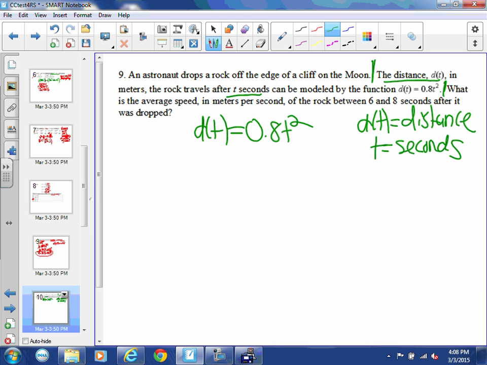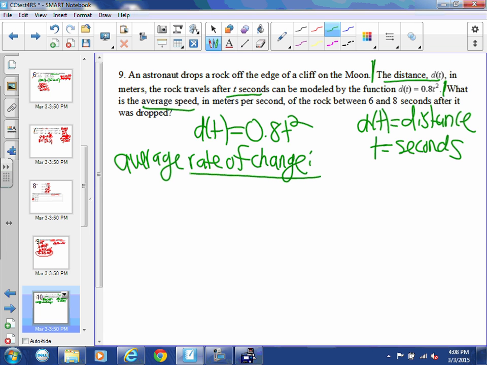What is the average speed? Well, this problem's a little tricky because it says average speed. But average speed is average rate of change. And we have a formula for average rate of change. It's just a formula, and the formula is f of b minus f of a over b minus a.